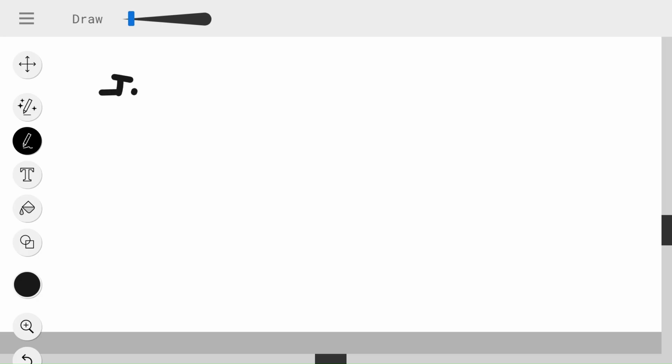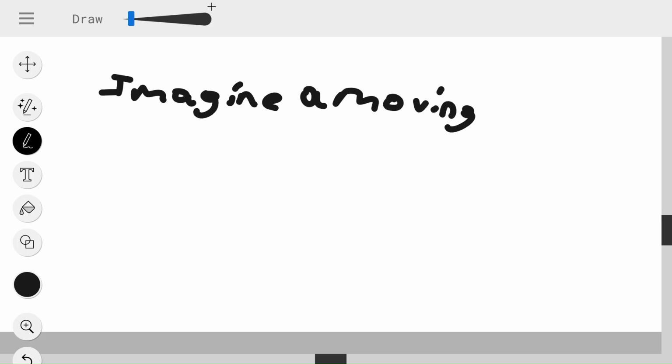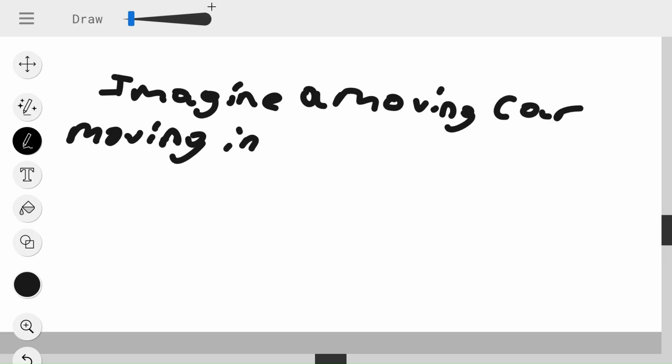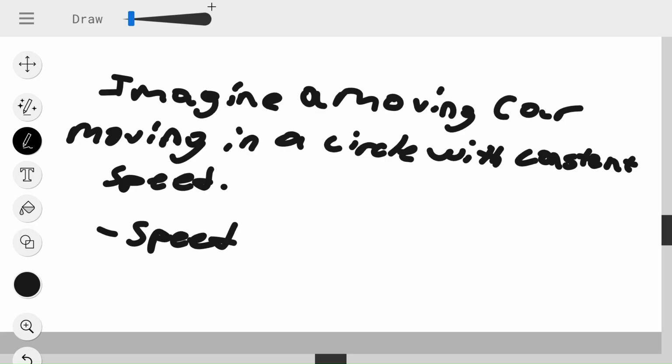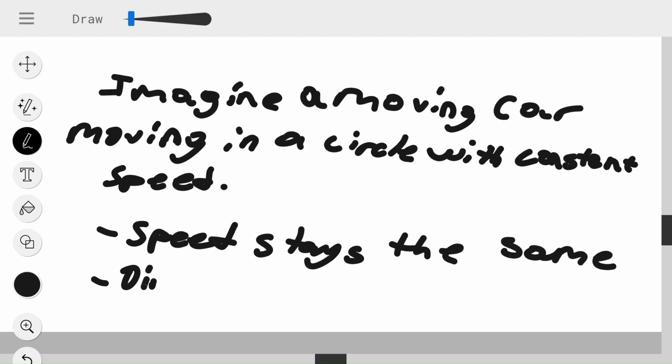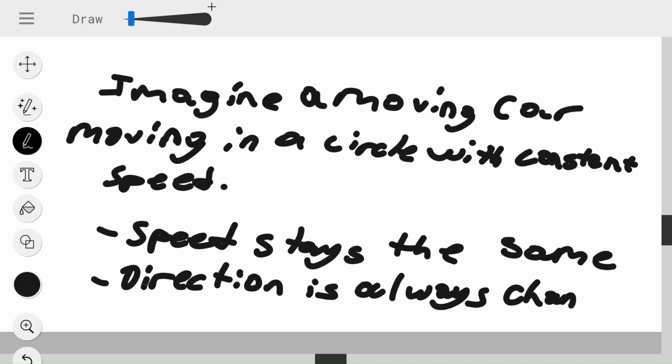So for example, imagine a moving car. A car moving in a circle with constant speed.